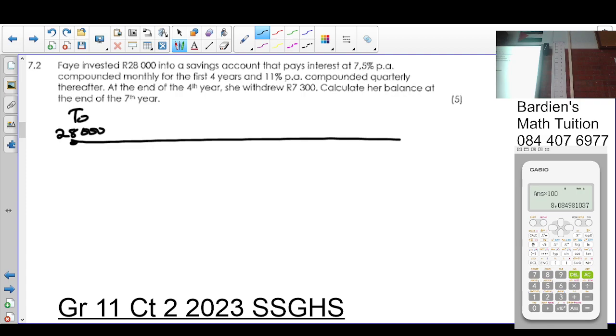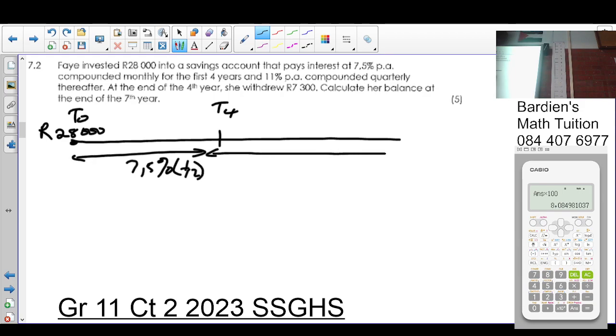Faye is not a teacher, so I don't have 28,000. Then for the first 4 years, that's T4, 7.5% compounded monthly.